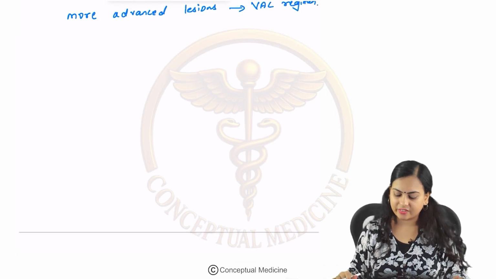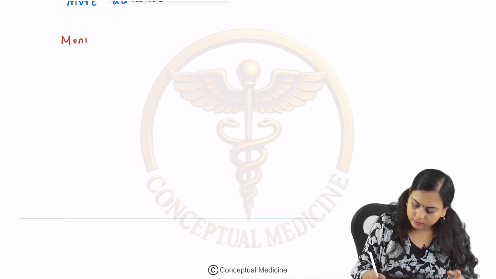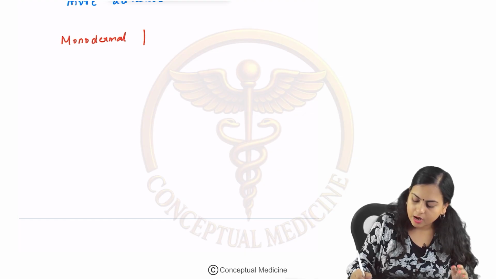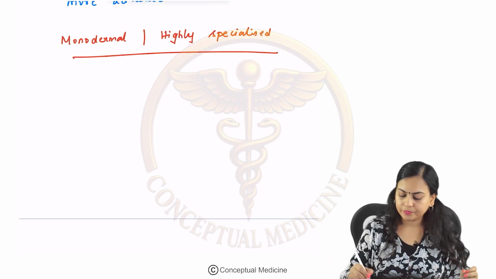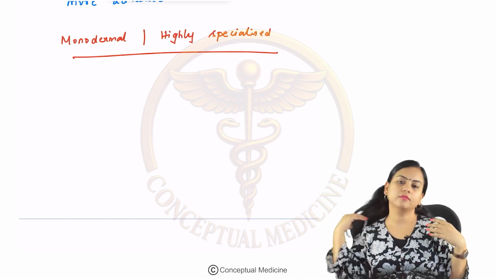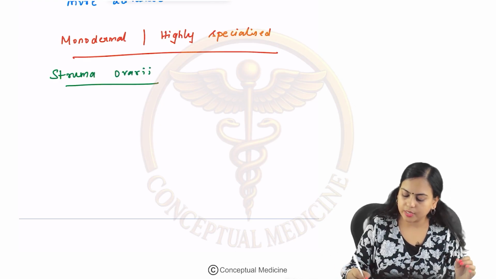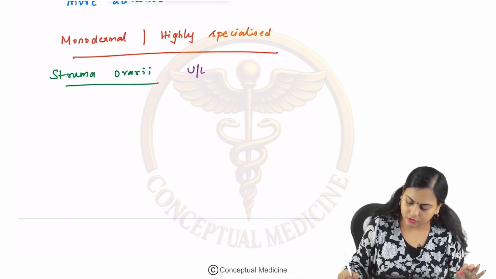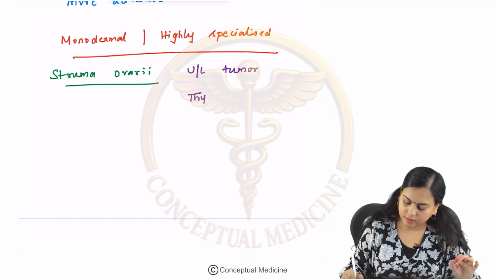Is that clear? Right. Now coming to the next one, which is monodermal or the highly specialized teratomas. So what are they? We have already discussed, it is struma ovarii and carcinoid tumors, right? So struma ovarii is mostly going to be a unilateral tumor and this contains predominantly thyroid parenchyma.